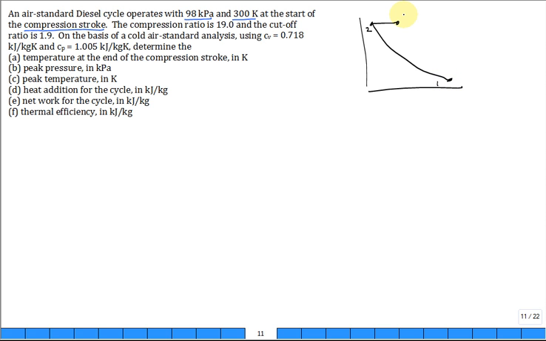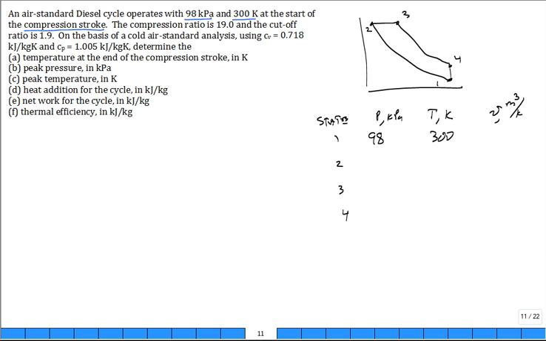Then you come across to state 3, so make a sketch, right? There's 4, and there's the whole thing. You probably want to make a table, state 1, 2, 3, 4, pressure in kilopascal, we just fill in the 98, and the temperature in Kelvin, 300. And if you want, you can put specific volume.